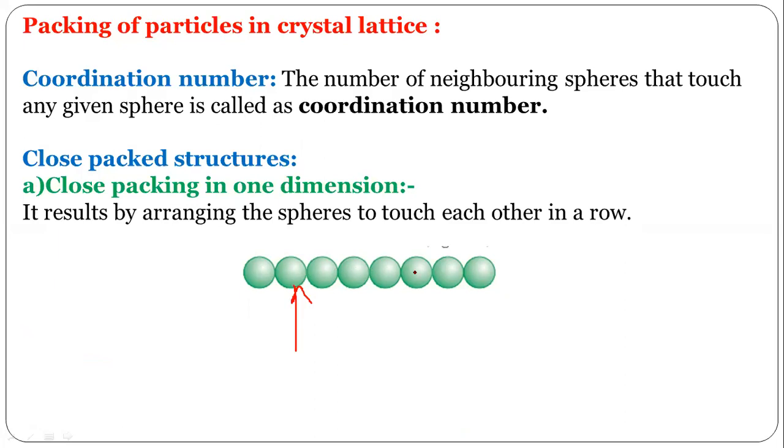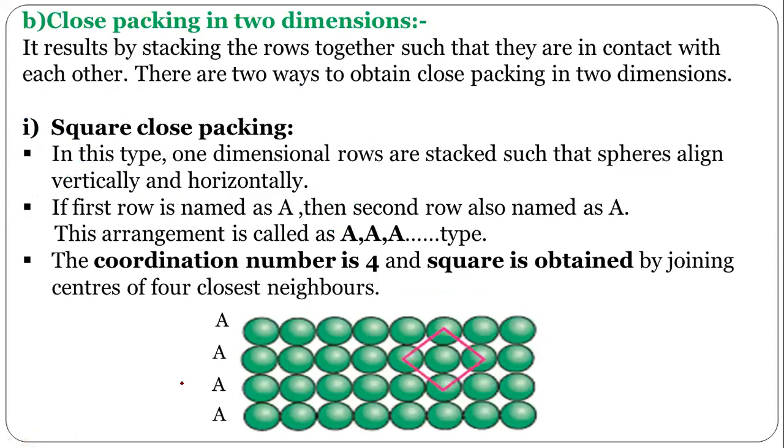This is applicable to any sphere in the packing. There is hexagonal close packing and there is square close packing. We already discussed these square packings. This is square close packing because all these spheres are in the same type of arrangement. Here a square is obtained and the coordination number is 4.